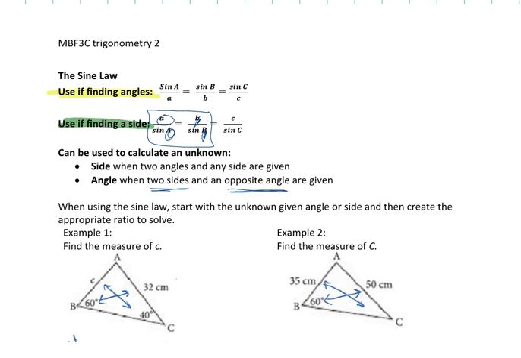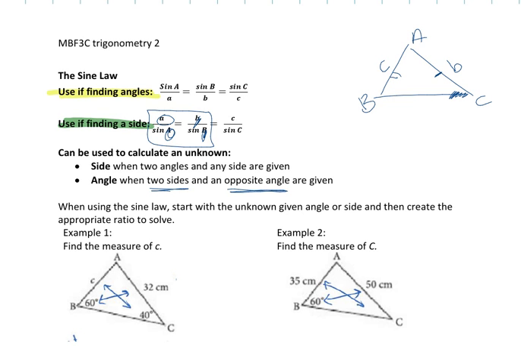So let's say if I have triangle ABC, if you know side B and side C, okay, these are given to you. And then they give you, let's say, angle C. Okay, so you have two sides and one opposite angle, right?